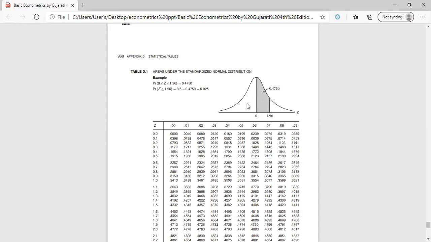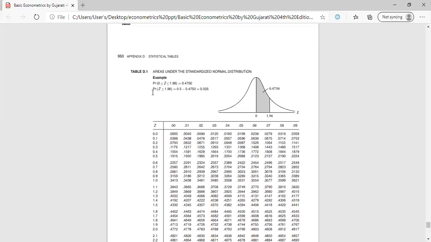Once you know the probability that Z lies between 0 and 1.96, you at the same time know the probability that Z lies between minus 1.96 and 0, exactly same.